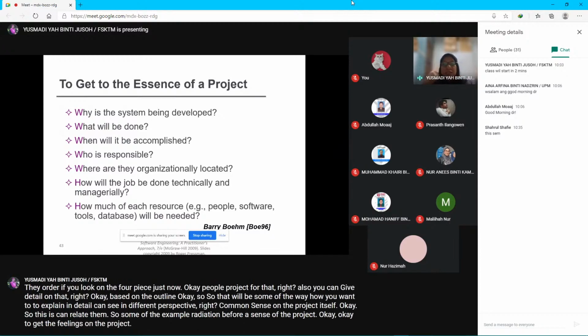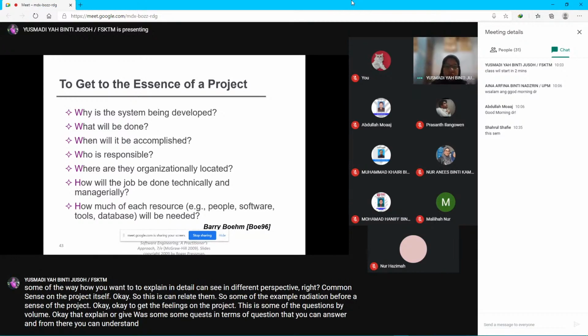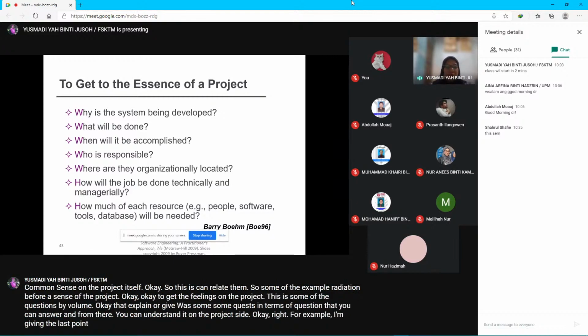This is some of the questions by Boehm, which give some questions that you can answer, and from there you can understand the project side better. For example, the last point there: how much of each resource, for example people, software tools, database, will be needed?